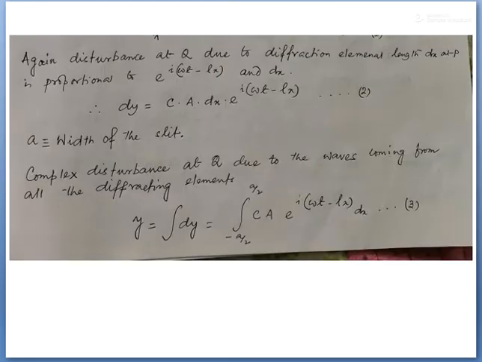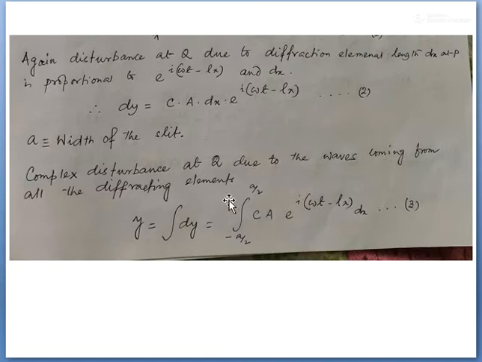So I have to make an integration from minus a by 2 to plus a by 2 if I want to calculate the total contribution of the slit, or the total contribution of the rays that are coming and converge at point Q, and those rays which are going to produce some diffraction pattern at point Q. Okay, so that will be minus a by 2 to plus a by 2.